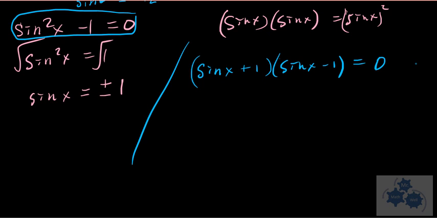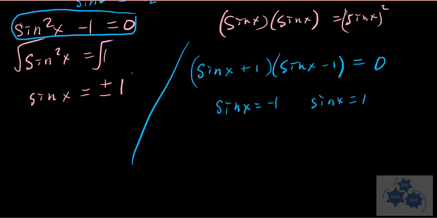See that? That works too. And then you let each one of these equal 0, you get sine x equals negative 1, and sine x equals positive 1. Isn't that the same as what we have over here? So either way you look at that, you can use all the same algebraic methods, no problem.